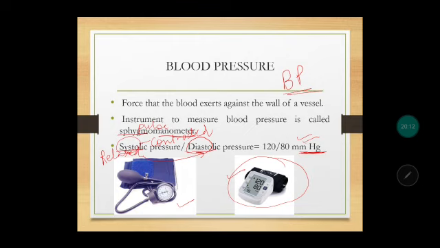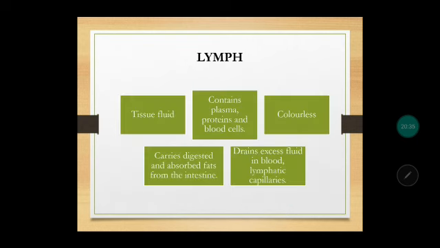And when the heart is contracted, that is systolic pressure. So when it is contracted, the pressure is 120. So this is the normal BP. Means when our heart muscles are contracted, it should measure 120, and when it is relaxed, then it should be 80. So generally it is measured as 120 by 80.